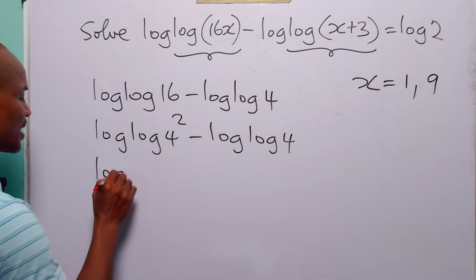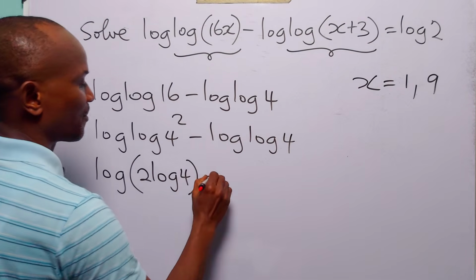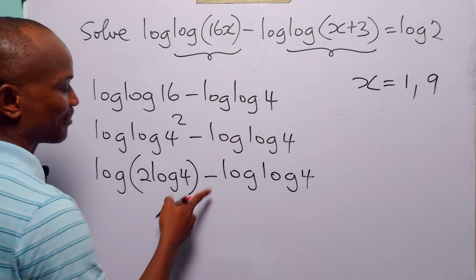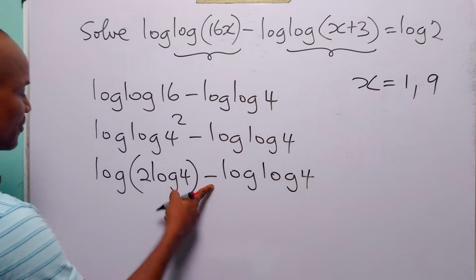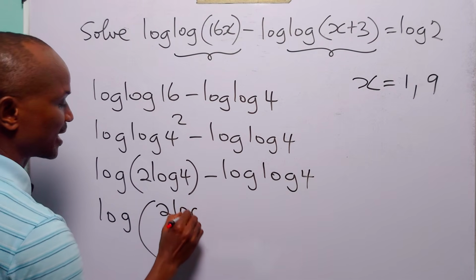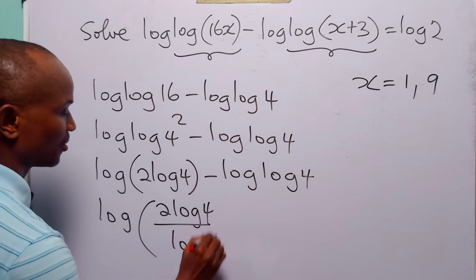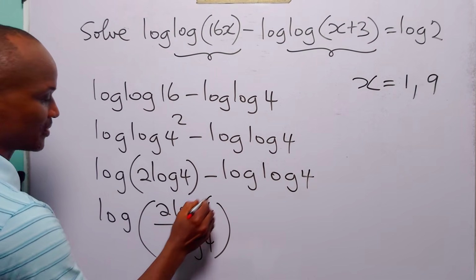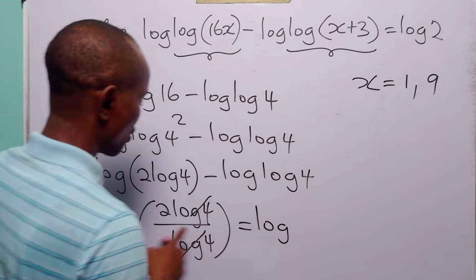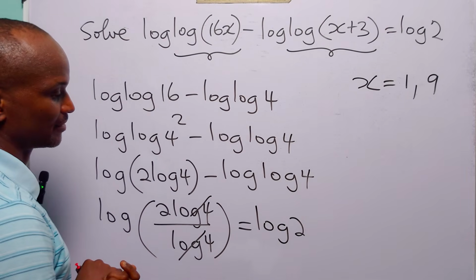When we do that, we have log of 2 times log 4 minus log of log 4. And of course, applying the subtraction rule here, we have log of 2 times log 4 divided by log 4. Now this is going to cancel that to leave us with log 2, which is exactly what we have on the right hand side.